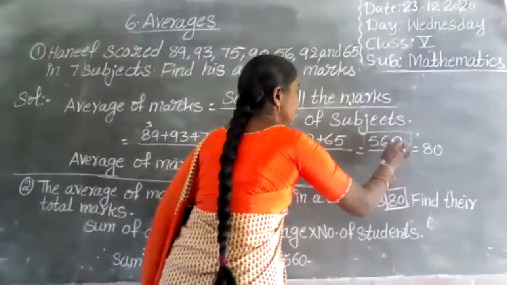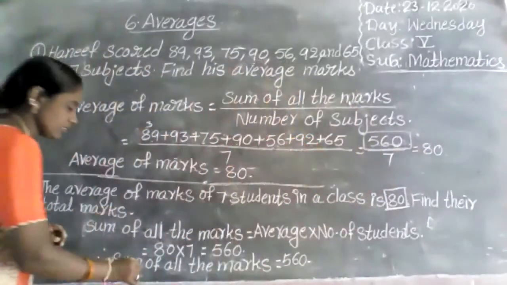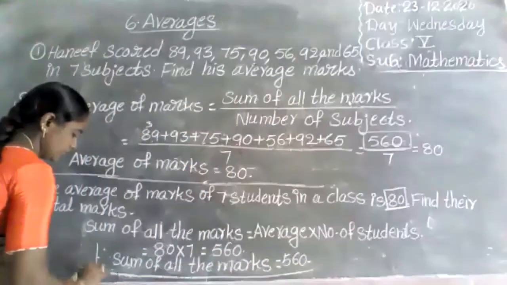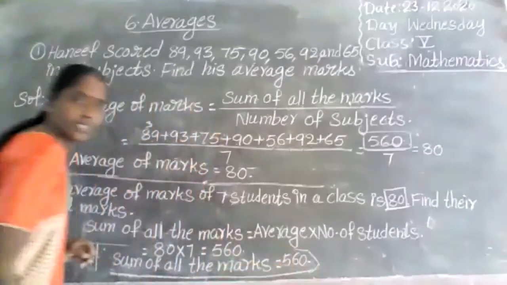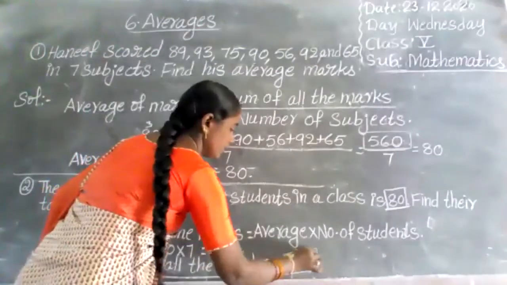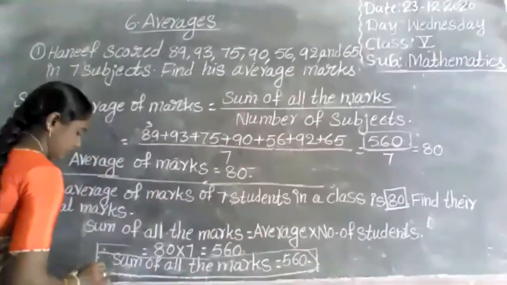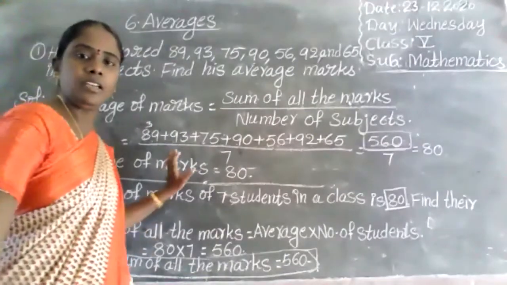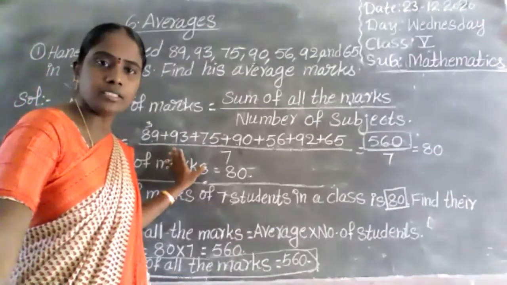See here, we get 560 only. Same here also, sum of all the marks we get 560 only. Did you understand? Okay, this one understood. Next.